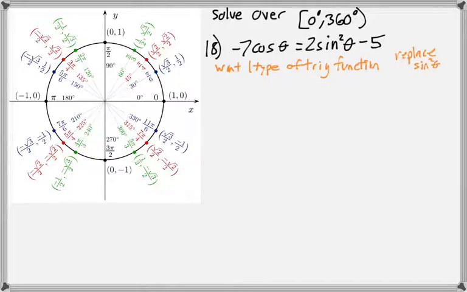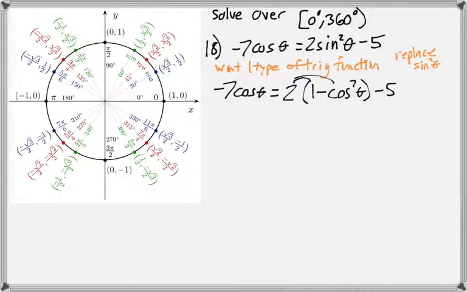Okay, so this will be -7 cosine of theta is equal to 2 times 1 minus cosine squared of theta minus 5. Then I'm going to distribute that, and it's going to be -7 cosine of theta is equal to 2 minus 2 cosine squared of theta minus 5.